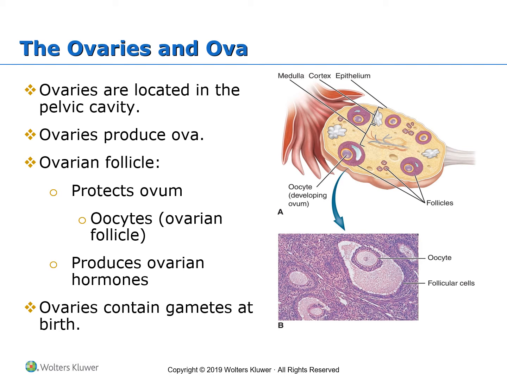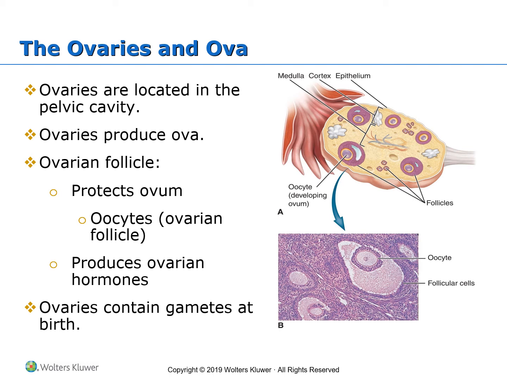While the males start to produce their gametes at puberty, the females are actually born with all the gametes that they will ever produce. The ovaries of a newborn female will have more than 1 million immature follicles. However, out of those million follicles, only a few hundred thousand will remain viable at puberty.